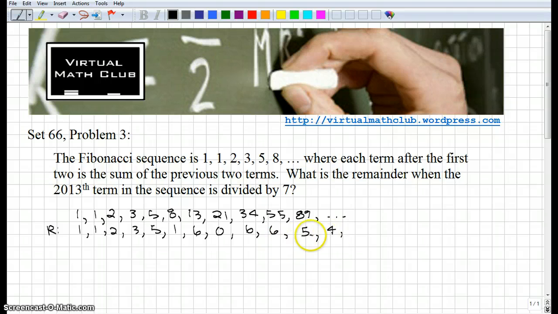So we have 89. That's a remainder of 5. 6 and 8 has a remainder of 1. 6 and 1 is 7, so that's a remainder of 0. And then we'd have 1, then 1, and then 2, and you can see we're going to start over again. Starting here, let me put a line down, our Fibonacci sequence is starting over again.